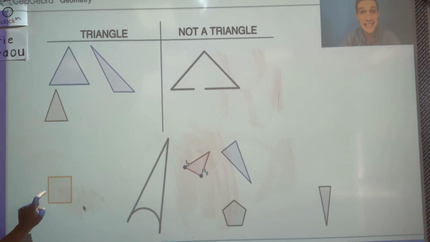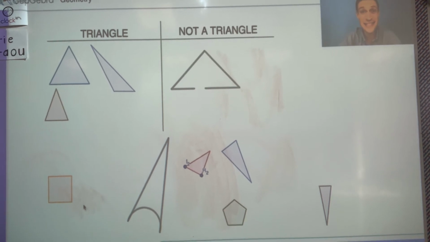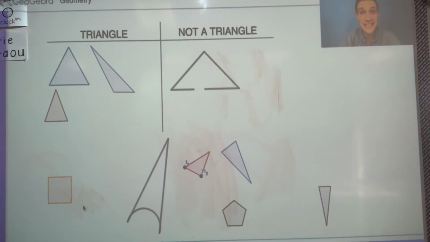Who can tell me in a complete sentence, this is a triangle or this is not a triangle because? Peyton, unmute your mic and share. That is not a triangle because it's got 4 corners and 4 straight sides. I love it, Peyton. You're exactly right.